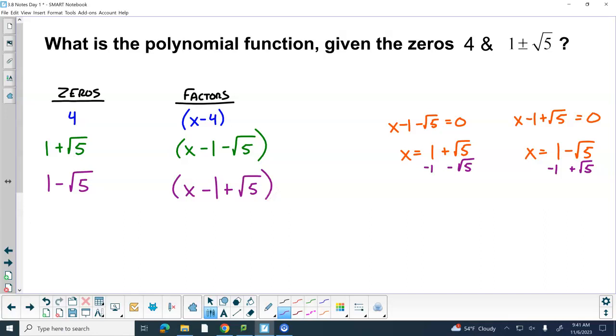What do I do with those three then? What do I do with my factors? How do I combine them? What operation do I use? So I can multiply, right?